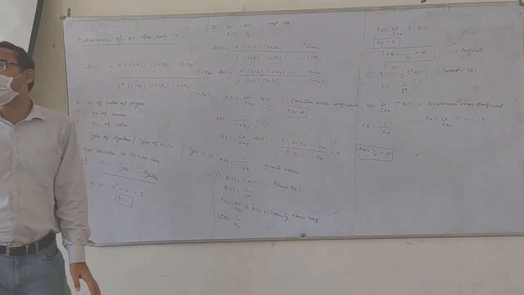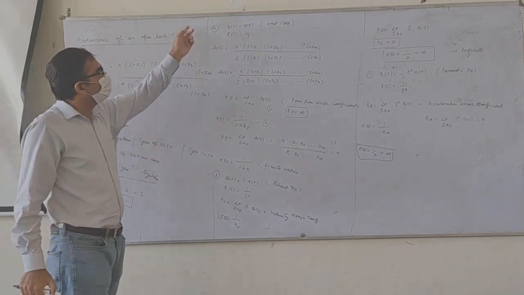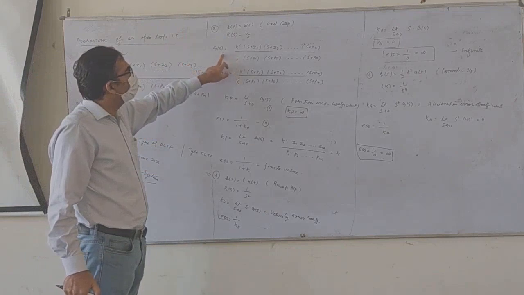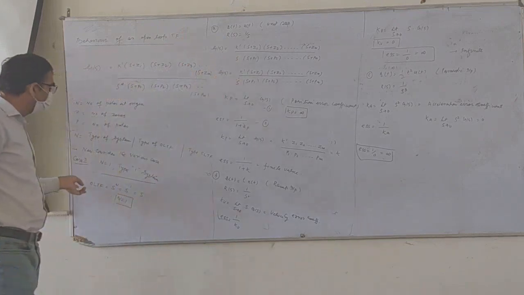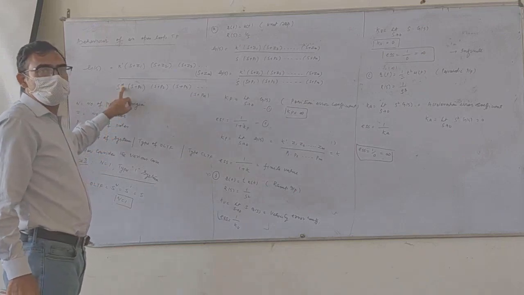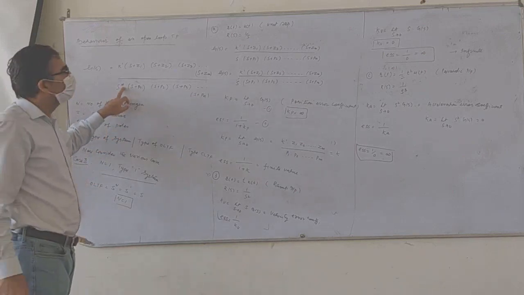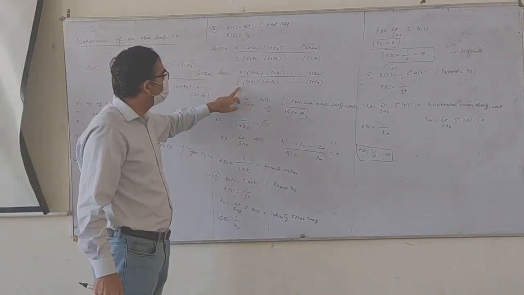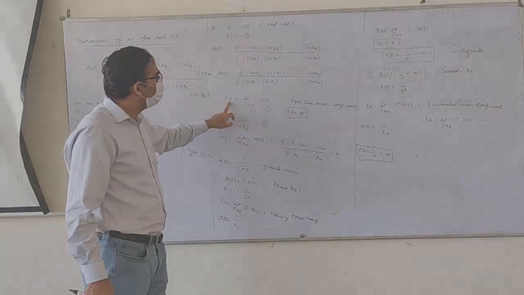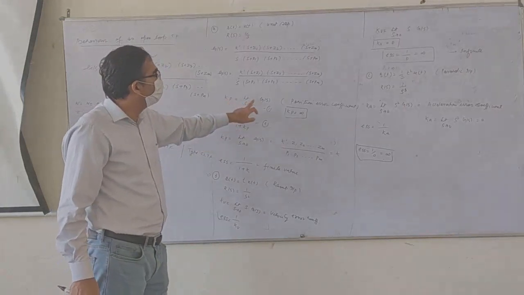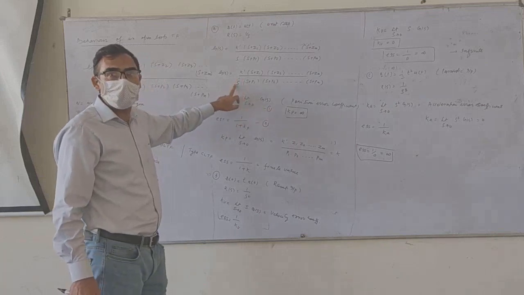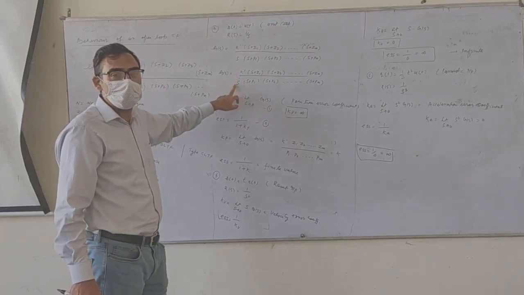Is it clear or not? In this function, what is coming? g of s is equal to what? We have substituted this value, and 1 is coming here, fine. Now the position error coefficient will become limit s tends to 0 of g of s, which has s in the denominator.